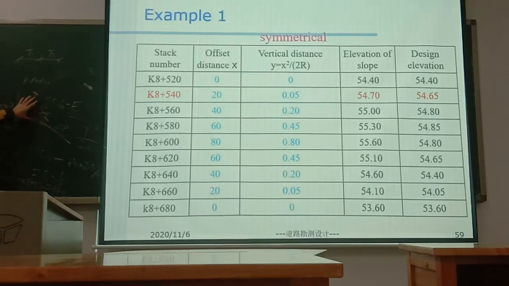What's this distance? Understand? So you can use the end point to calculate, and you can use the start point to calculate too. The difference is the slope. Which slope do you use?